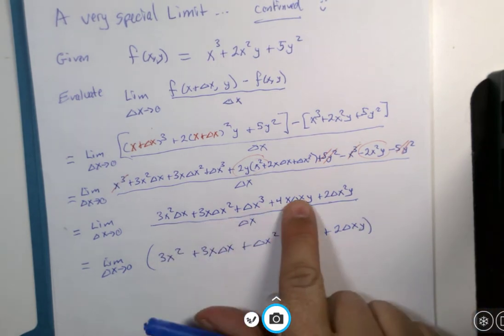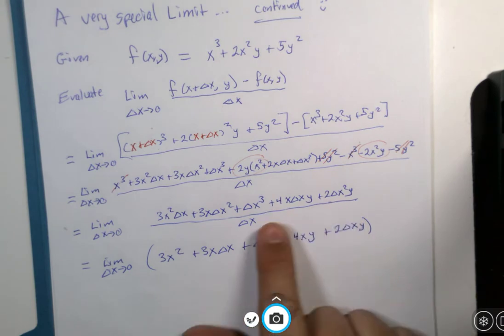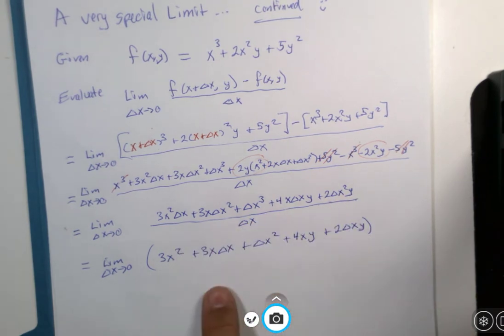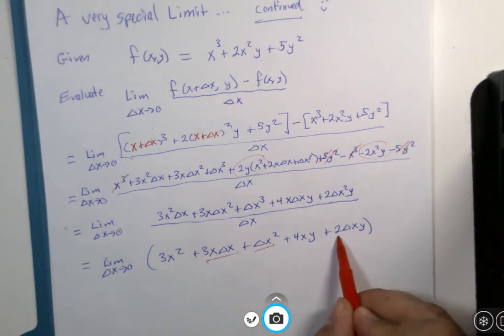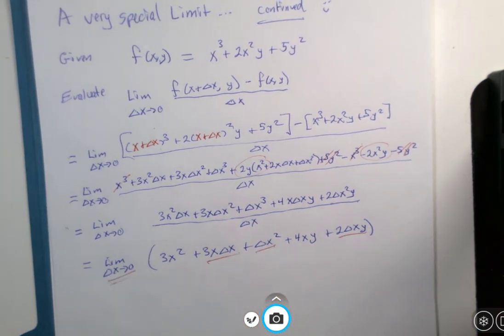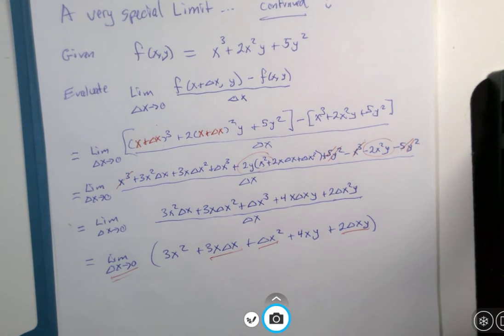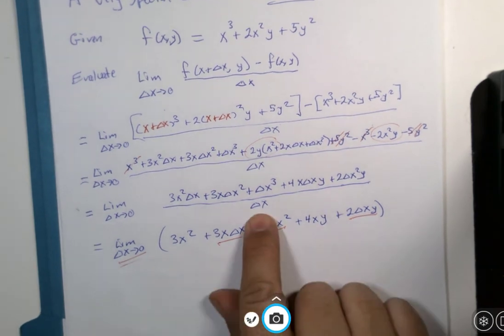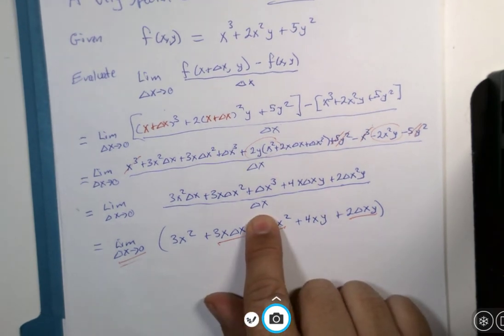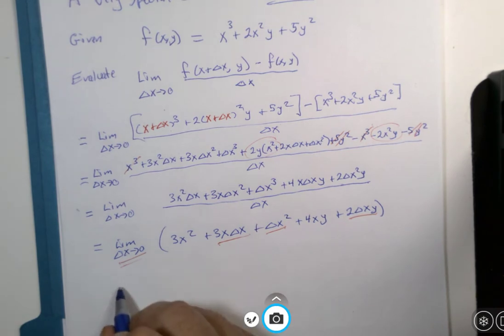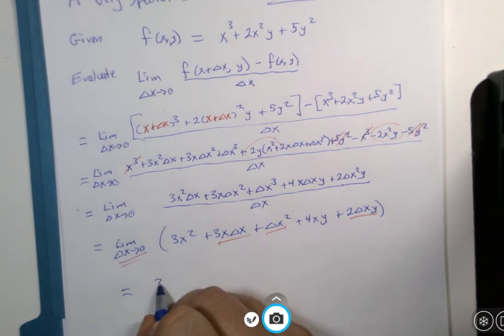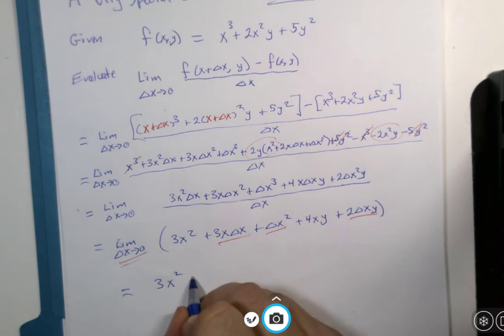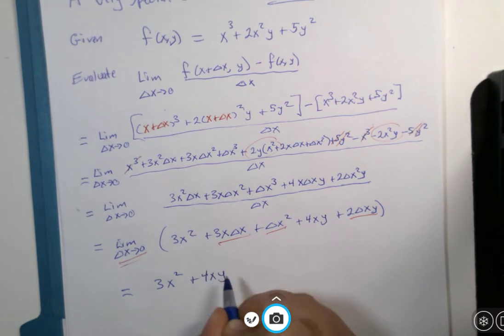Every term had a delta x. I reduced by 1. This is what's left. These terms become 0 because delta x approaches 0. I am no longer dividing by 0. That term has been reduced. And what's remaining is 3x squared plus 4xy.